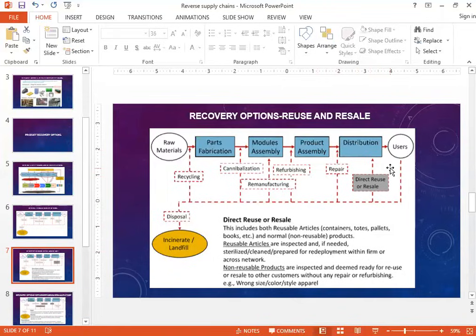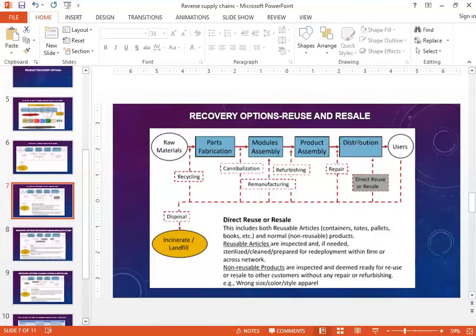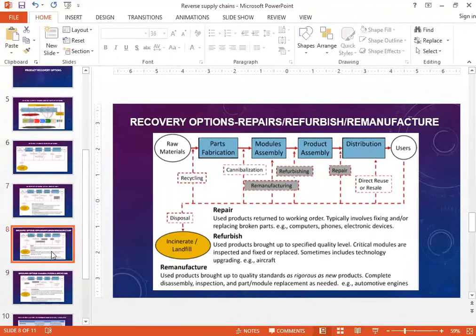In that case, those goods would be checked again in case there's anything wrong with them, perhaps ironed or repackaged, and again sent straight for distribution. This is the first strategy, and again it comes in right at the end of the supply chain. It's just being sent straight for distribution to others.